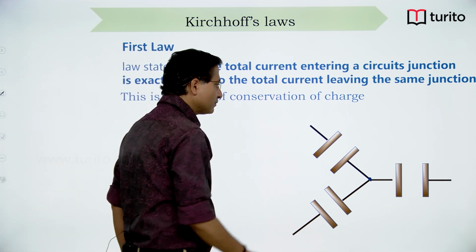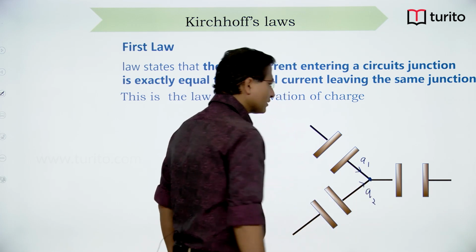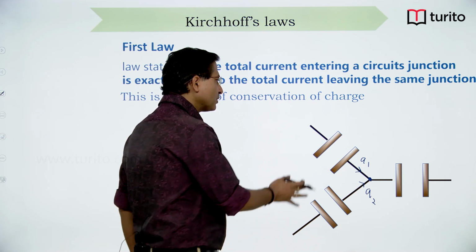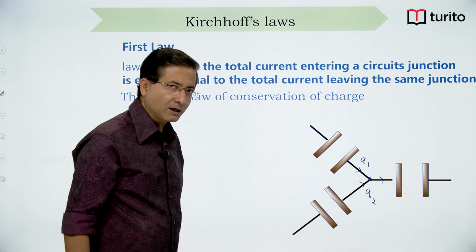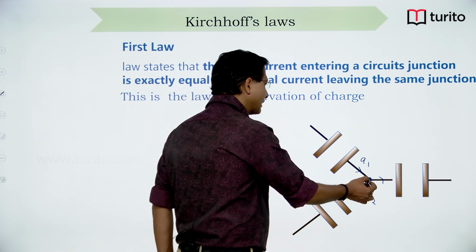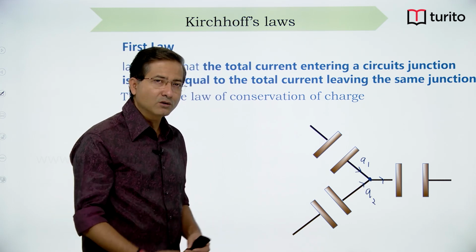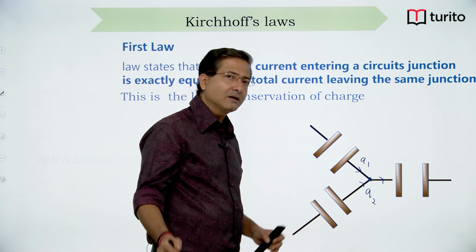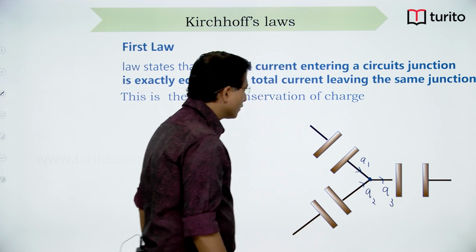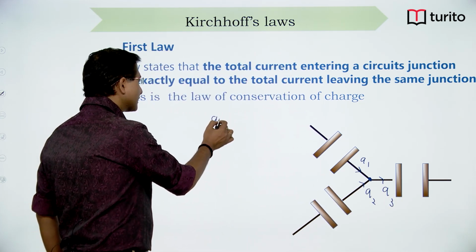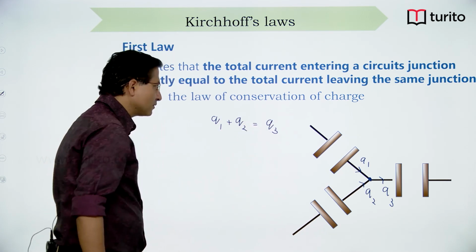So, if I assume that Q1 charge is coming this way and Q2 charge is coming this way to the junction, then charge coming to the junction must be equal to charge leaving the junction, because a junction cannot store charge. So, at this junction there should not be any accumulation of charge. As there is no accumulation of charge, whatever is coming must be leaving the junction. So, I can also write it this way: what comes in goes out. So, what comes in, Q1 plus Q2, must be equal to what goes out, that is Q3.